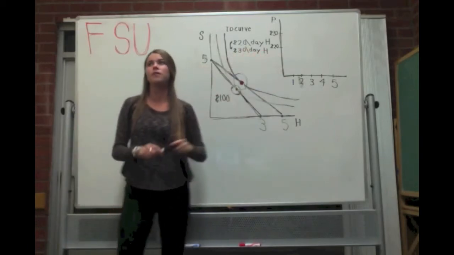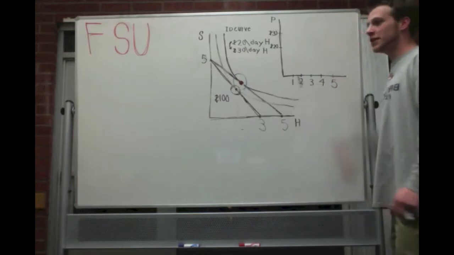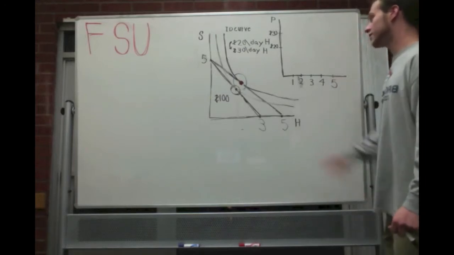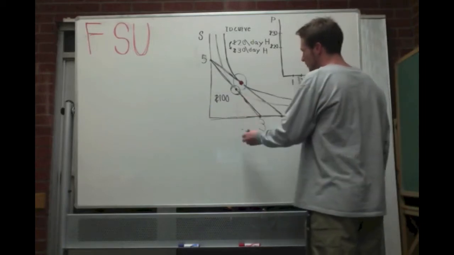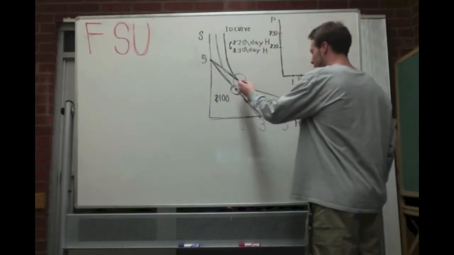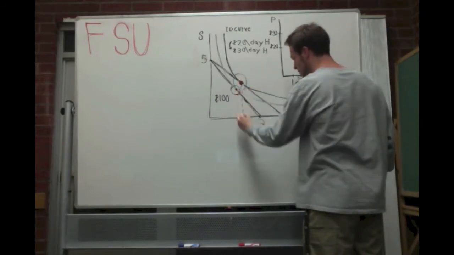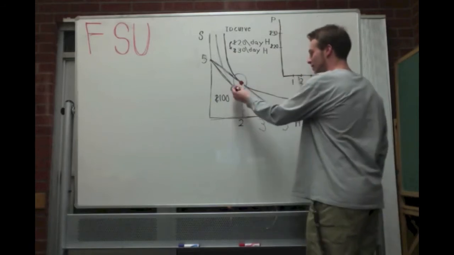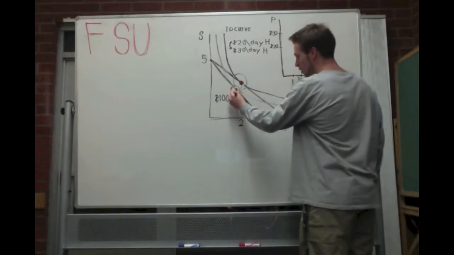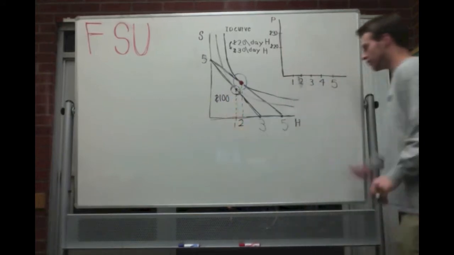Okay, so we are trying to find the demand of horseback riding by looking at these optimal points. So at the first budget line, the optimal point lies at about 2. And on the second budget line, our optimal point is at approximately 1 day of horseback riding.